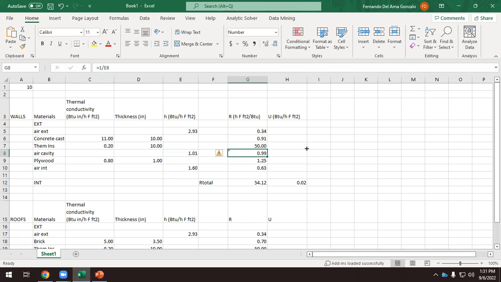There you go. But again, does it affect too much? Not really. What really matters is the thickness of the thermal insulation. This is what really matters.